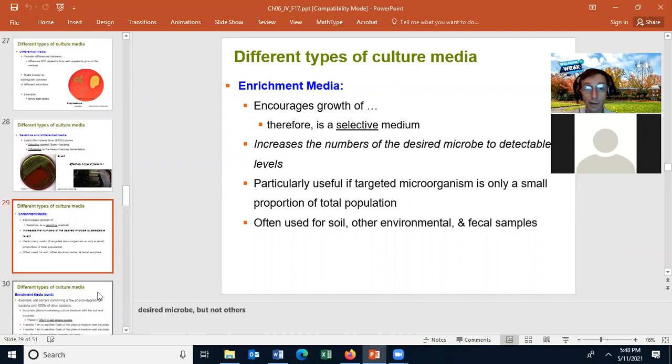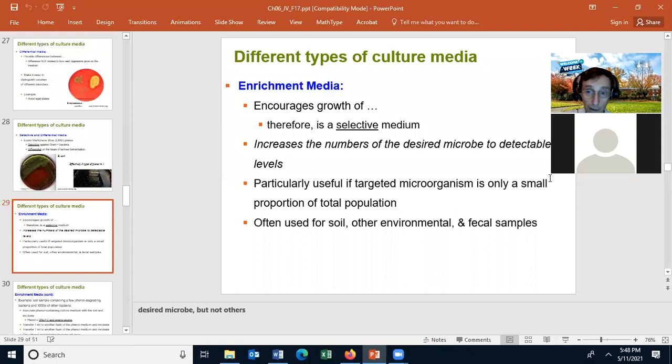Another type of culture media is an enrichment media, and an enrichment media encourages the growth of a certain set of bacteria. So therefore it is a selective media, but we call it an enrichment media because we use it to encourage the growth of a specific set of microbes. It increases the number of the desired microbe to a detectable level.